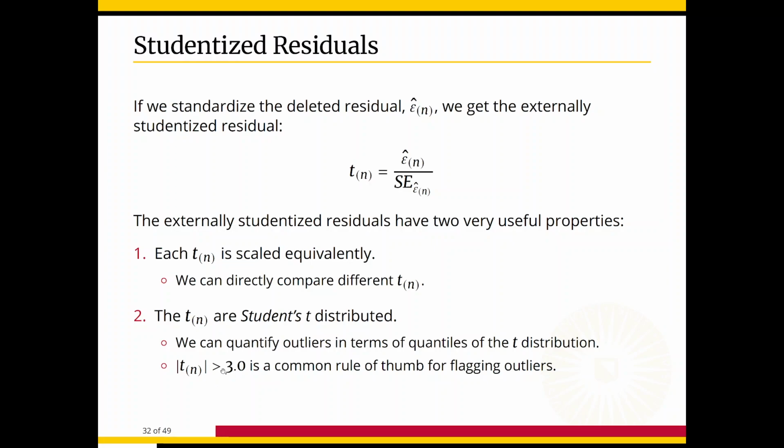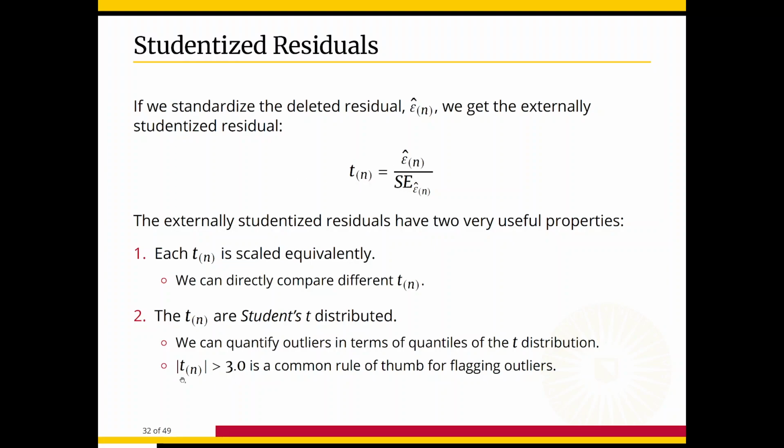A common cutoff is 3, for example, because that would mean that this particular residual is 3 standard deviations away from the regression line, basically. This observation falls 3 standard deviations above or below the regression line, which is quite a big deviation, right? Where the standard deviations are in terms of the standard deviations of the residuals.